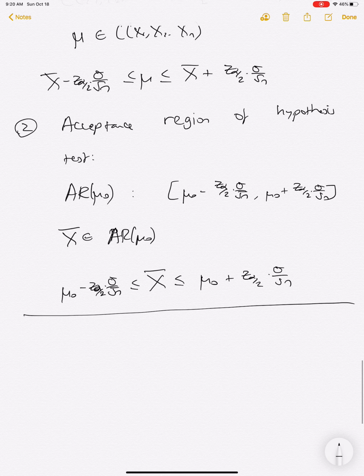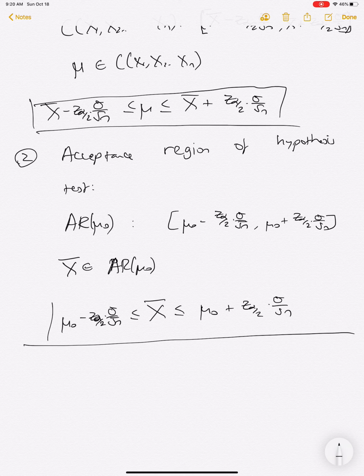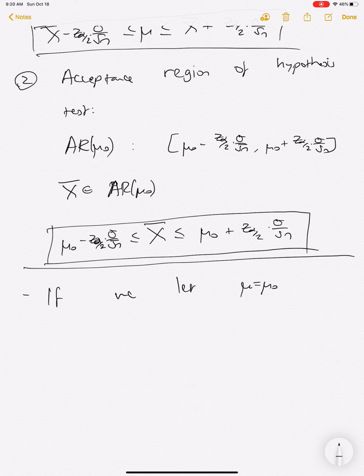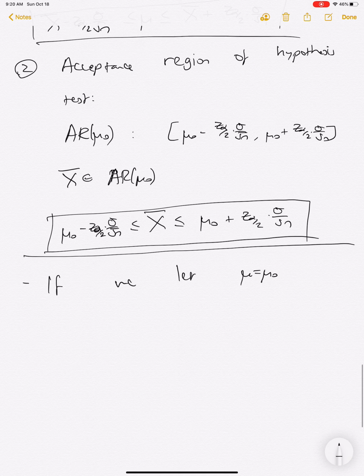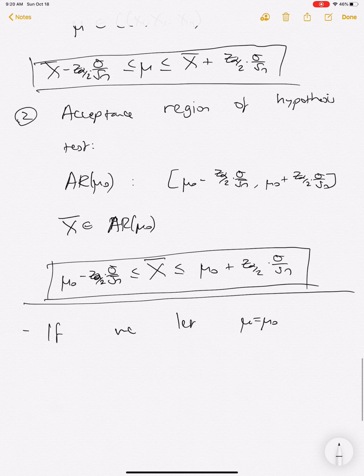One thing to note is, let's look at these two regions here. The thing to notice is that if we let mu equal mu0, then we have two statements here from the confidence interval perspective.